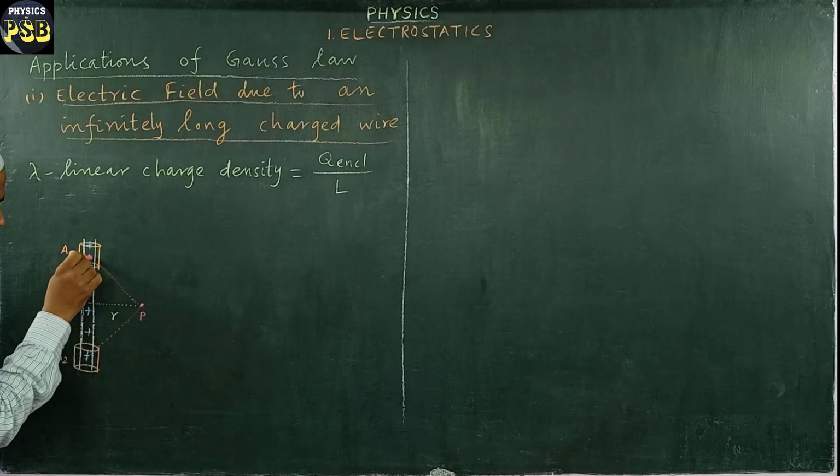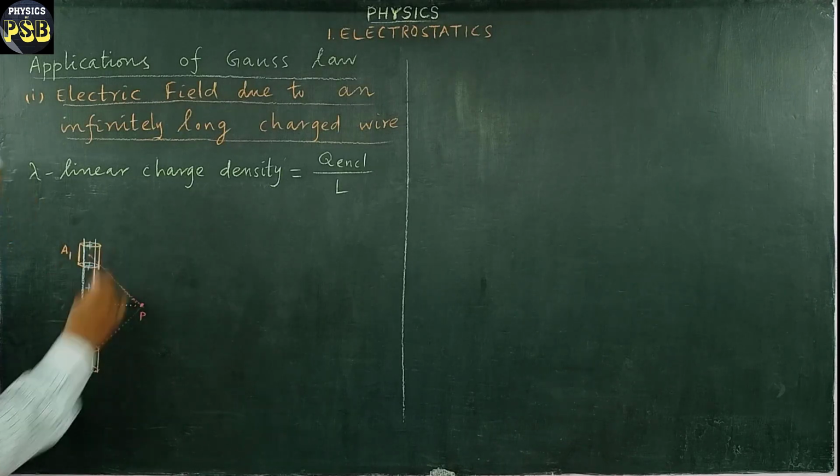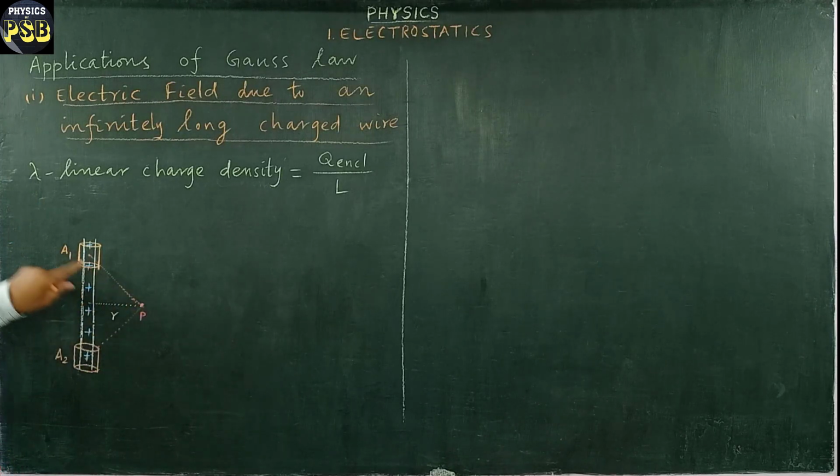So this clearly shows that P is at equal distance from A1 and A2.